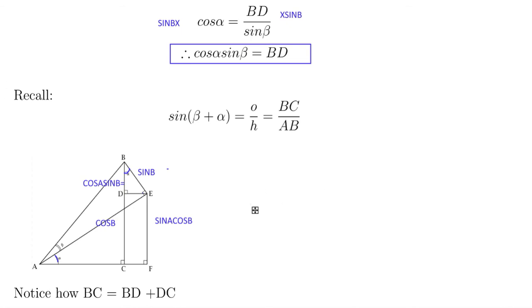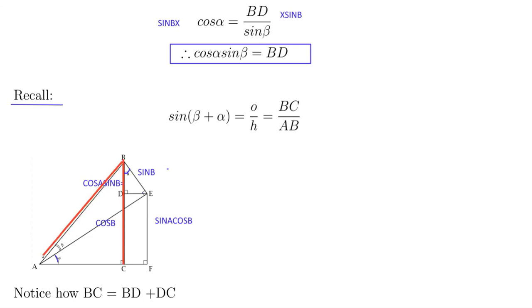Okay, so recall. The reason I said recall is because we're now going to wrap things up. We're going to go back to the very beginning. Recall that sine of beta plus alpha, because it's sine, is just opposite divided by hypotenuse, and the opposite BC, we can get a nice big line in here and let's get red. BC is this.